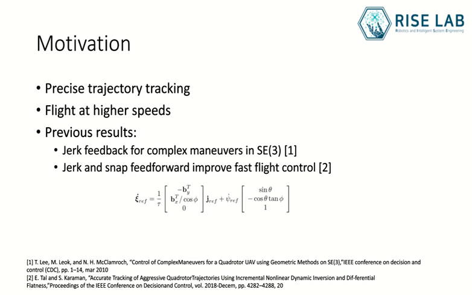More recently, authors of paper 2 proved that jerk and snap feed-forward terms improve fast flight control. They compute using differential flatness a jerk reference, which is then used to compute rate, roll, pitch, and yaw rate references that are fed to the controller, and this improves attitude and finally trajectory tracking.